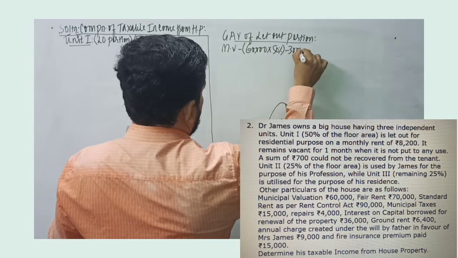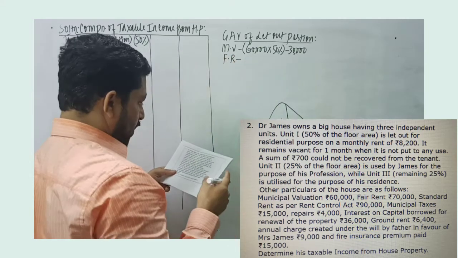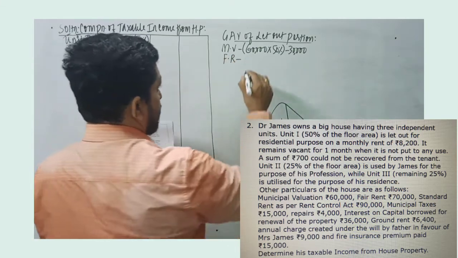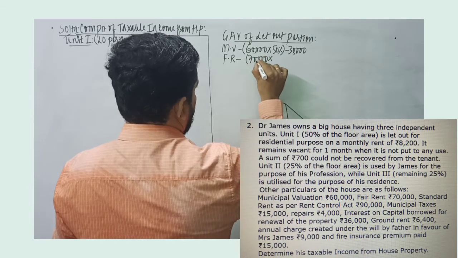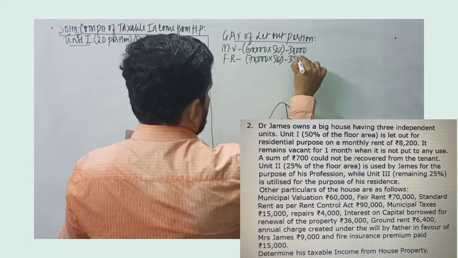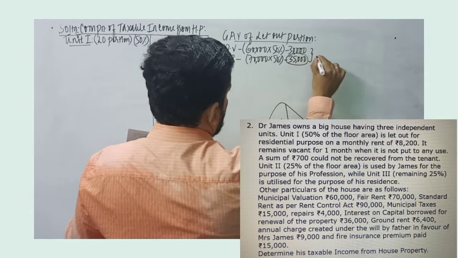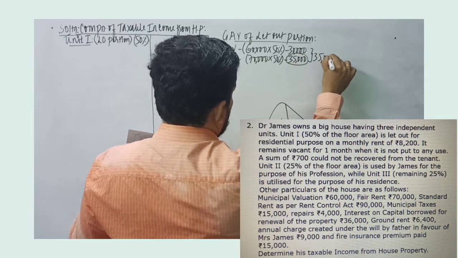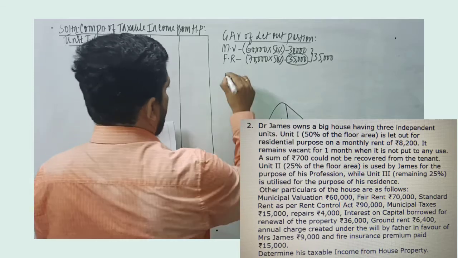So that is around 30,000. That is compared with fair rent. Now fair rent given in the problem is 70,000. So we take 50% of that because only 50% is let out. So 35,000. So among the two, whichever is more, 35,000 is more.